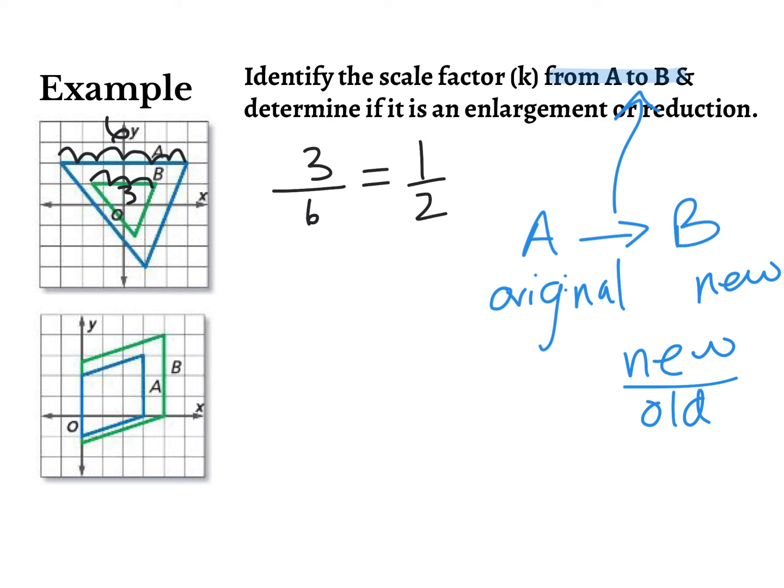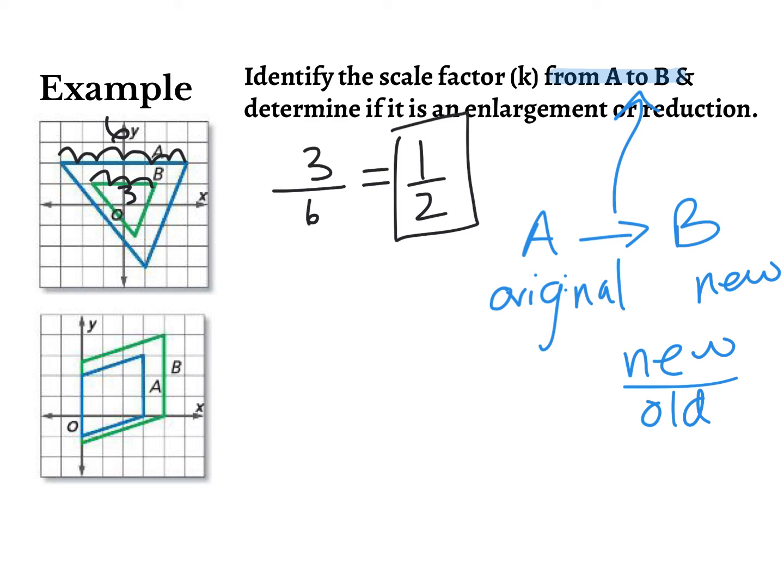The scale factor is 1/2. And as we said earlier, if the scale factor is less than 1, it's going to reduce in size. This is a reduction. I can't really count the squares or units diagonally, so I only look at the horizontal units, or in this scenario, the vertical units to compare them.